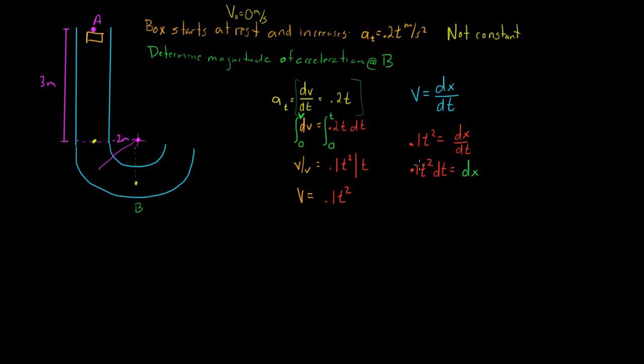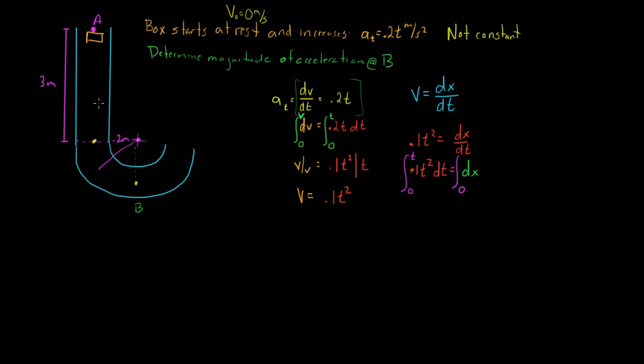And now, how are we integrating this? Well, we're going to integrate from a time 0 to a time t. We have to figure out the bounds of x over which we integrate. At time 0, it's starting from rest up here, so we're going to call this position 0. But how far are we actually moving?